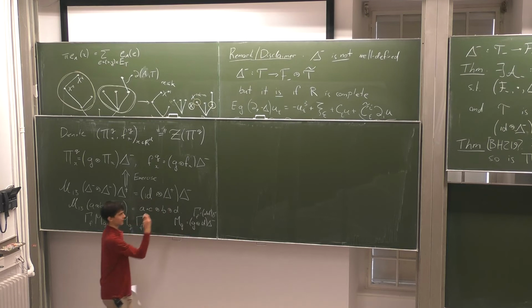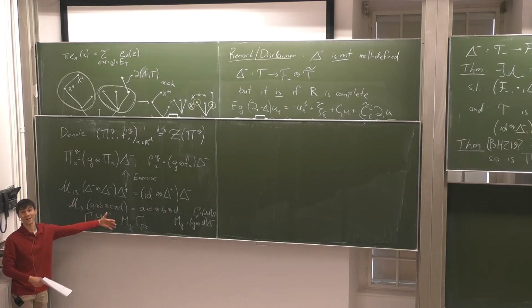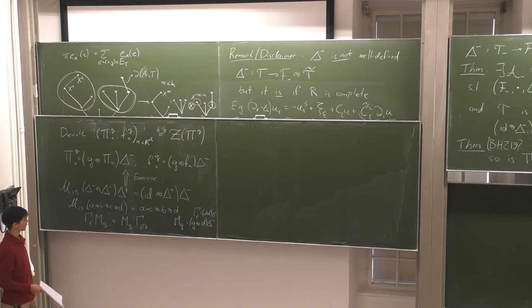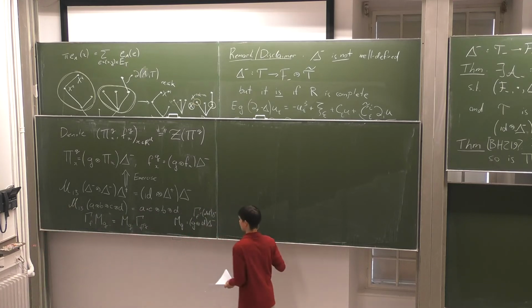I already defined the gamma f before. So this co-interaction property would imply a very nice identity like this, a bit like an equivariant function or something like this.